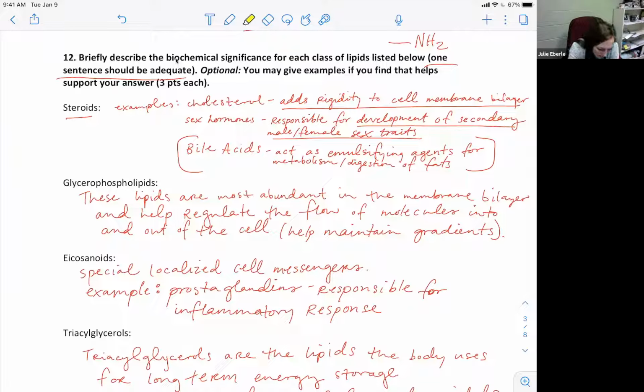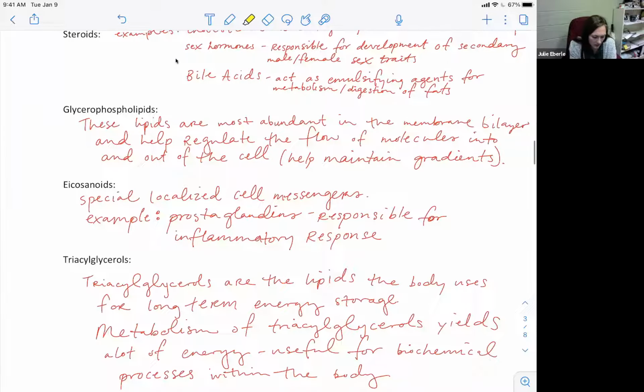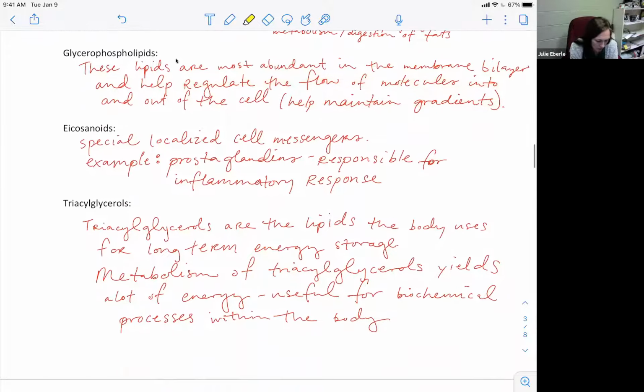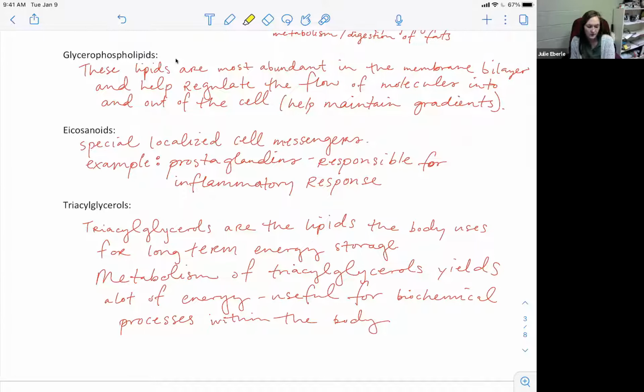I'm actually not going to underline all this because I want to save this for later. So right here, regulate the flow of molecules into and out of the cell. They help maintain gradients across the membrane.